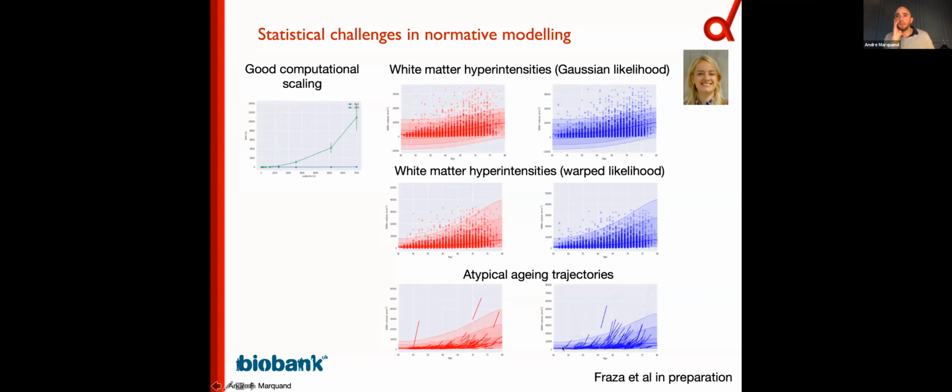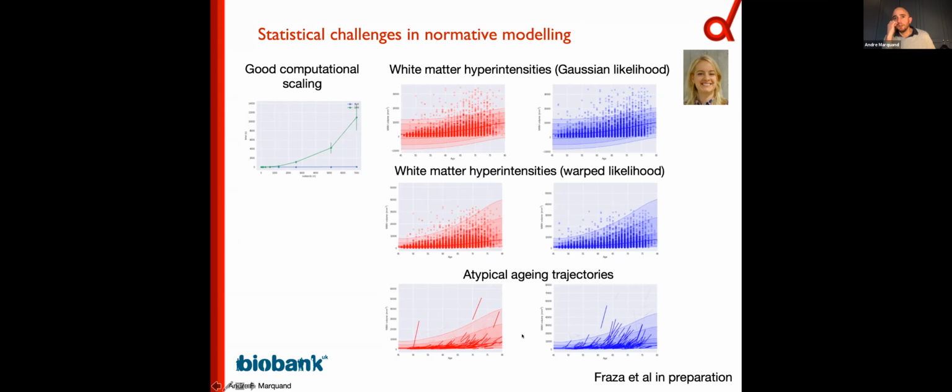What I'm showing here is I have colored all the subjects so that each of these lines is a person. That's the white matter hyperintensity load at time point 1 and time point 2, which is a few years later. And I'm coloring all the people that have a deviation larger than half the standard deviation with respect to what would be predicted by the normative model.